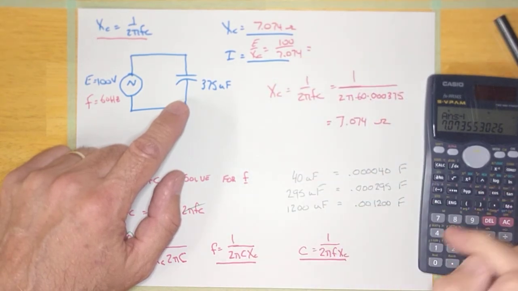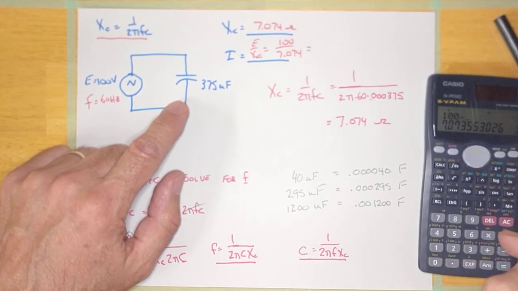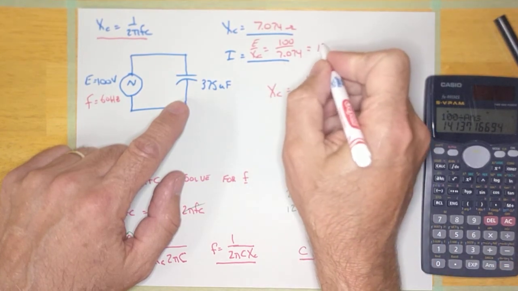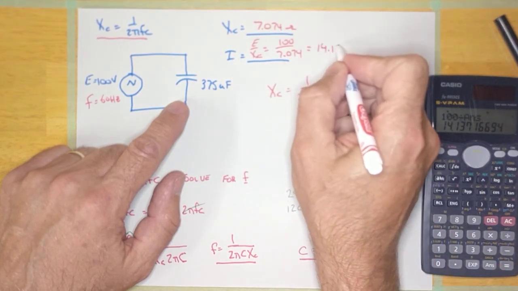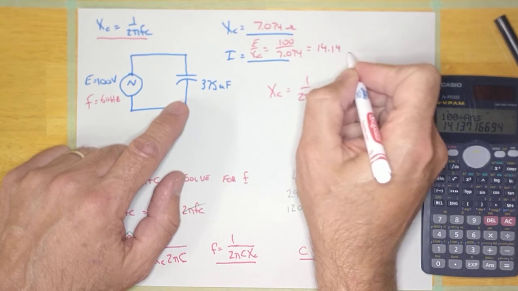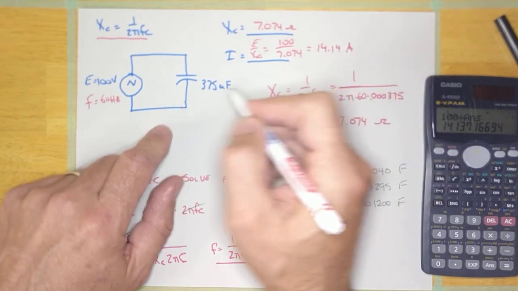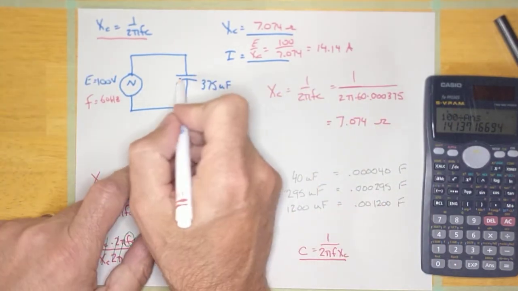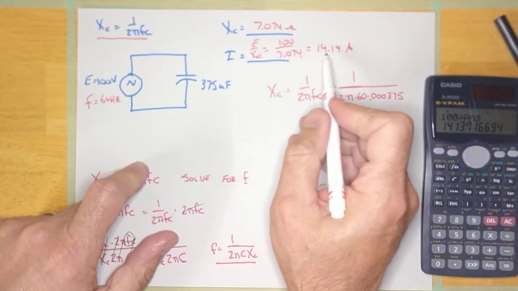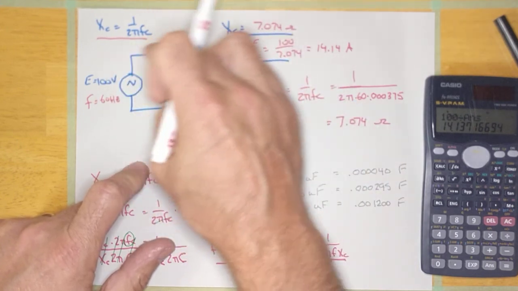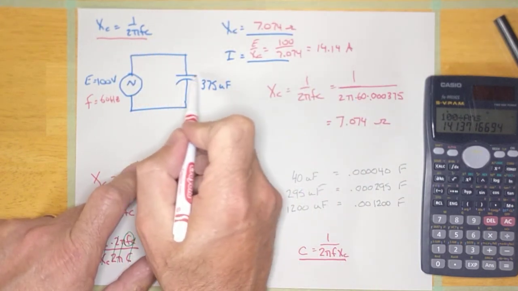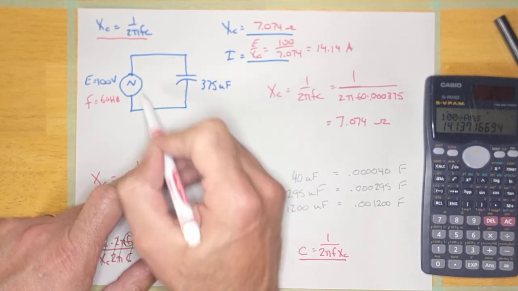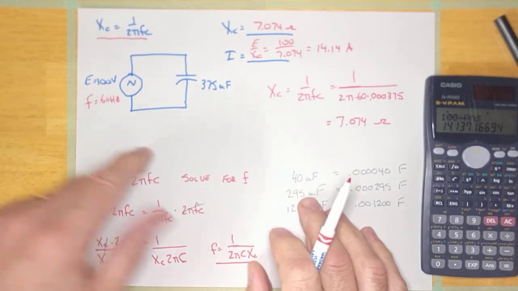So 100 divided by answer equals, looks like the current is 14.14 amps. So this circuit, which is open because there's an insulator in there, is drawing 14 amps, and that's because all those electrons are piling up on this plate and this plate, and then leaving and going back around and moving back and forth all day long.